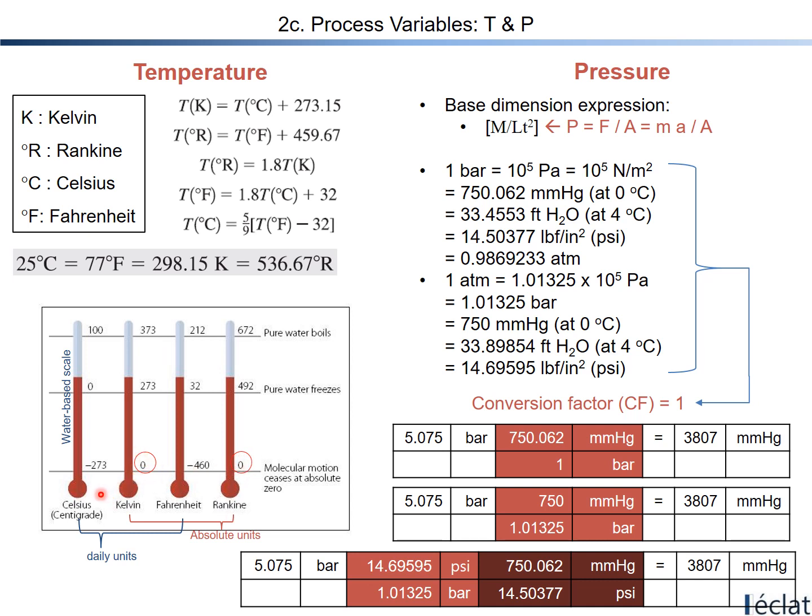You are very accustomed to degrees Celsius, or Celsius temperature, or centigrade. The Celsius temperature is based on the properties of water. Here is the freezing point of water, and at the other point you can find the boiling point of water. The temperature difference between boiling and freezing points is divided by 100. That is the unit scale of Celsius temperature.